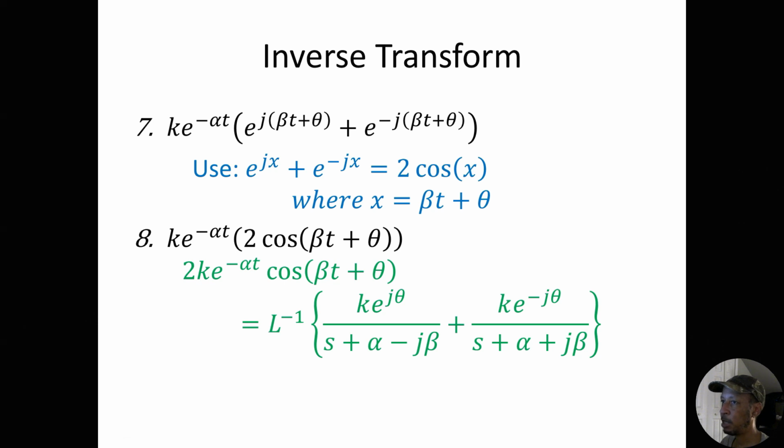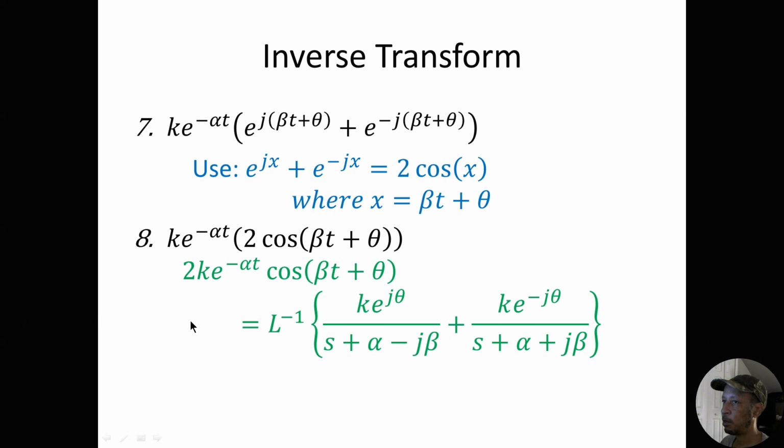All of that is equal to the inverse Laplace transform of the expression we started out with, which is k times e to the j theta divided by s plus alpha minus j beta plus k e to the negative j theta divided by s plus alpha plus j times beta.